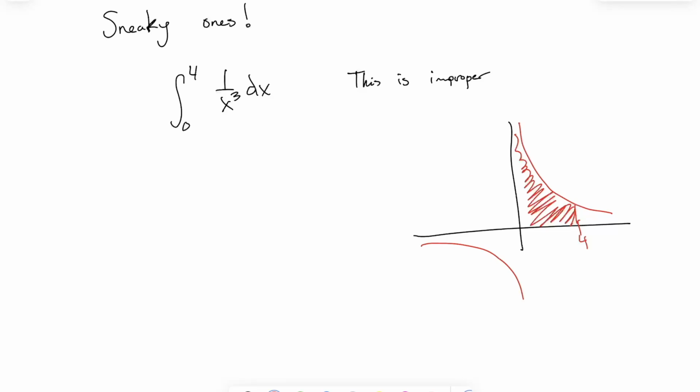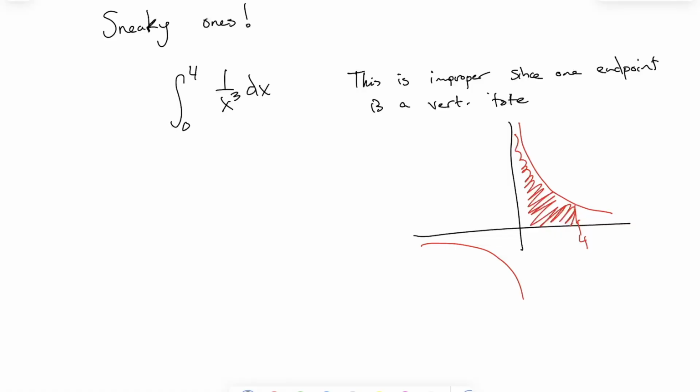It goes up this time rather than out to one side or the other. So I will say it's improper since one of the endpoints is a vertical asymptote, a vert-tote, as I say.